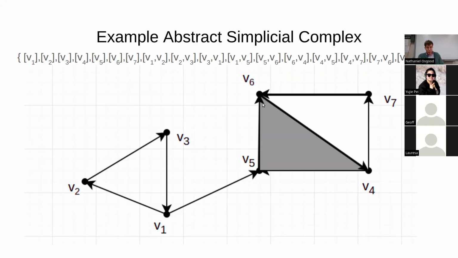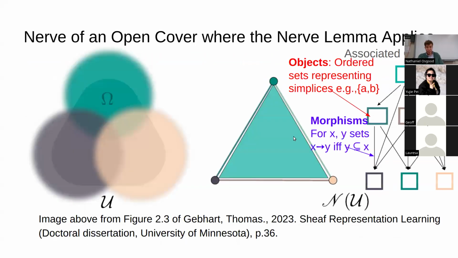And we have 2 simplices as well. Beyond those edges, there's 1 simplices. Beyond the vertices, 0 simplices. We have 1, 2 simplex here, which is this triangle, V4, V5, V6. And we name each of them by an ordered list, or some people call it an ordered set, of the vertices that make it up.